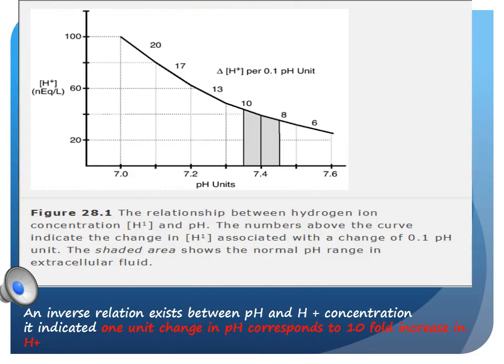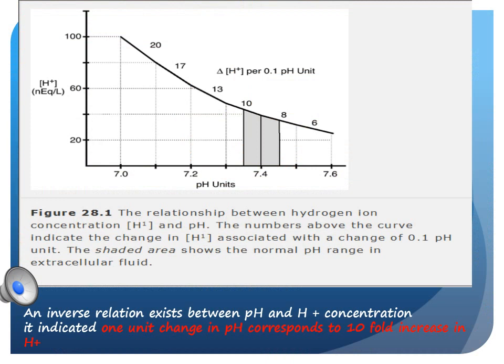Here's a graphical representation indicating the relationship between the hydrogen ions and the pH. It has an inverse relationship. The y-axis shows the H+ ions and the x-axis shows the pH. The grey shaded area shows the normal pH, that is between 7.35 and 7.45.